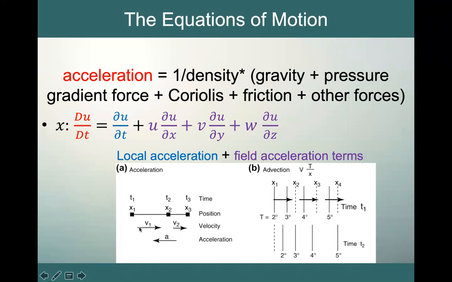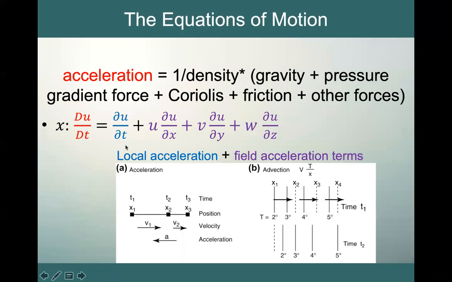So in this example, as we're going from point X to point X1 to point X2 to point X3, we see that we're going there faster from point X1 to point X2 than we are from point X2 to point X3. So V1 is faster than V2. And so our acceleration is in the opposite direction. This is our local acceleration.